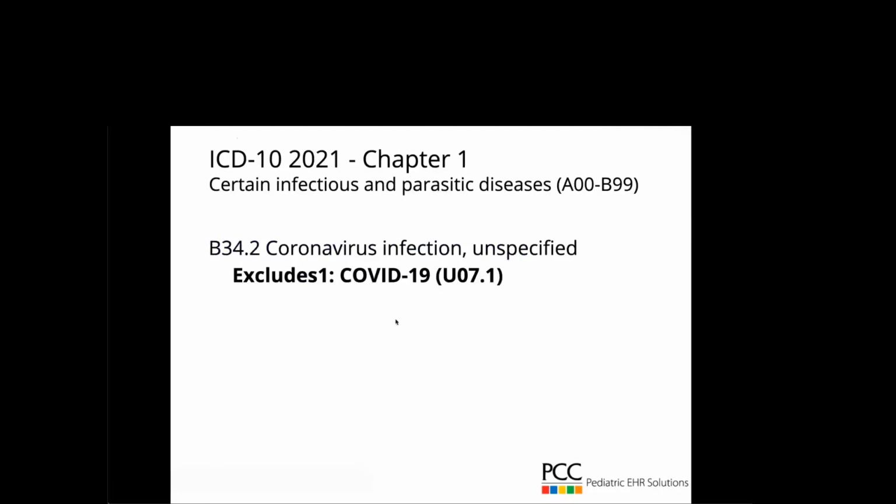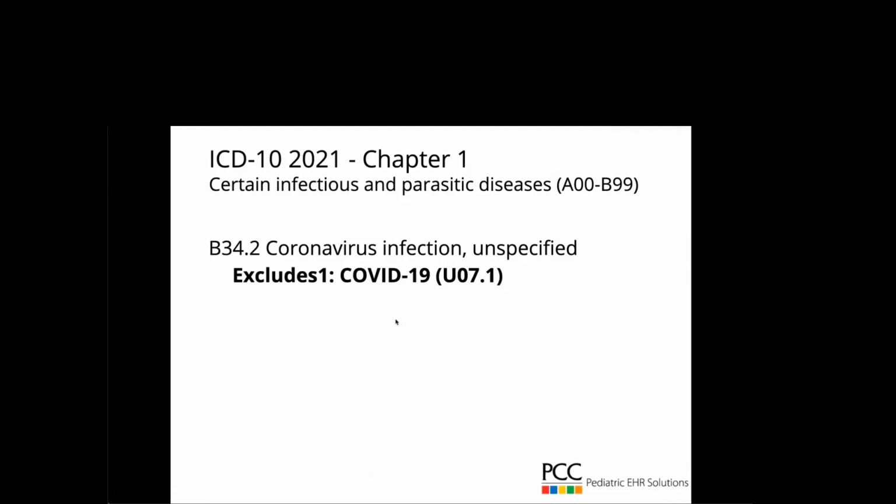Buckle in. In the certain infectious and parasitic diseases chapter, otherwise known as chapter 1, there is a reference to COVID-19. Most everyone is probably aware that when a patient is infected with COVID-19, U07.1 is the new code that was introduced earlier this year to represent that infection. There had already been in existence coronavirus infection unspecified.